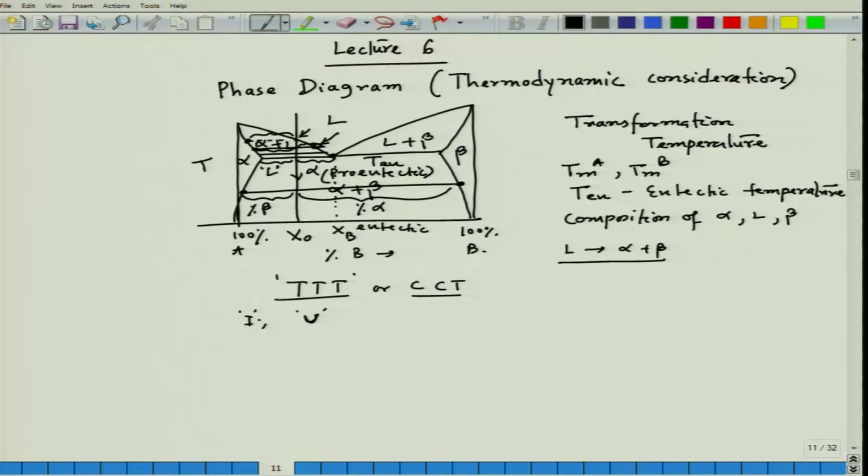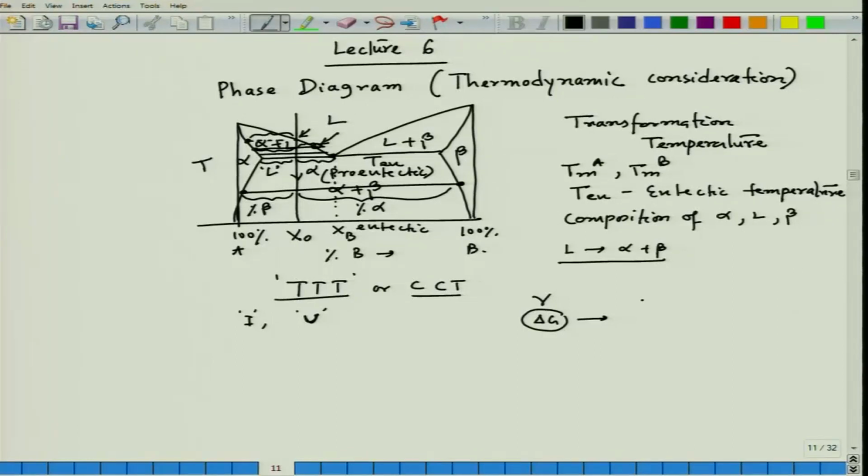Now, in order to know I and V, we also need to know a few other things. One is interfacial energy, which is gamma, then free energy change, which is the driving force for the transformation, and when we consider the free energy change, I need to have two more pieces of information.